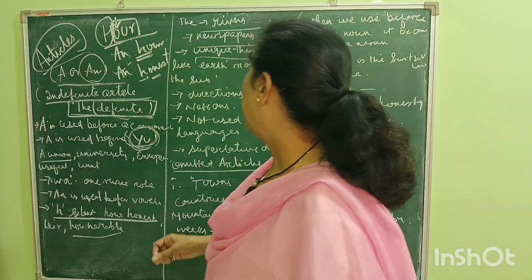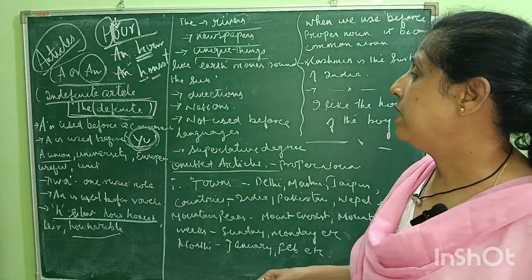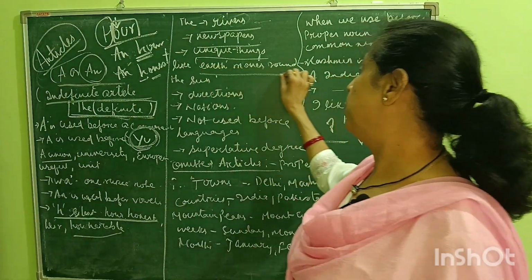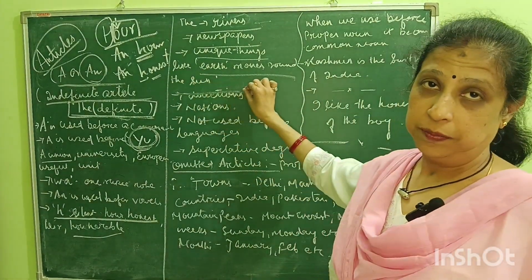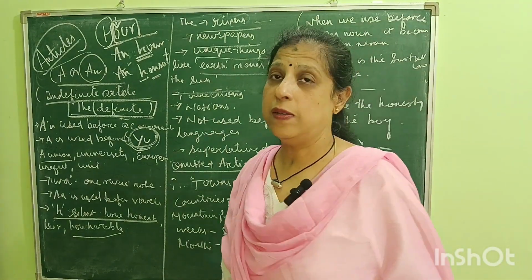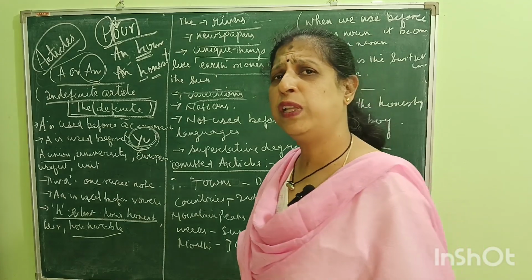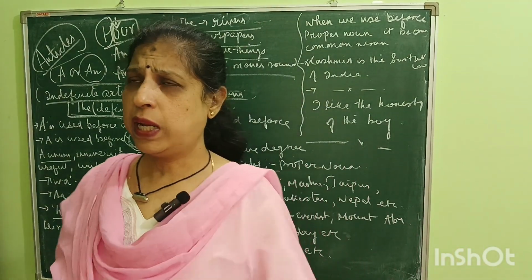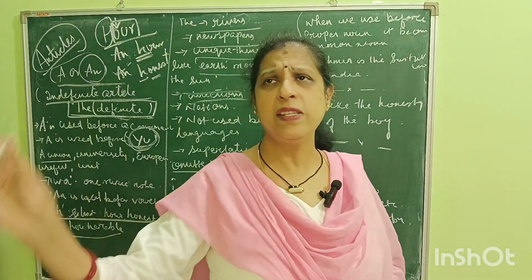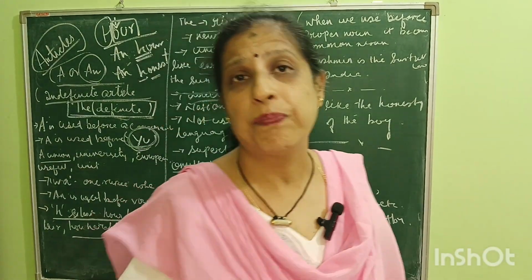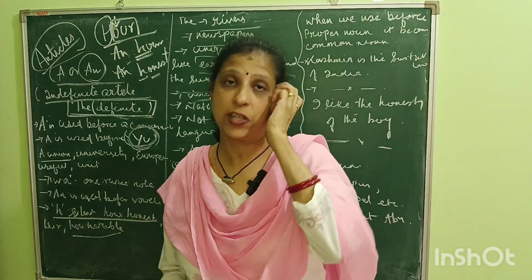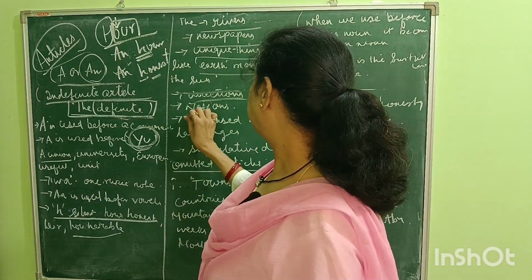Or in this case, I can also say, earth moves round the sun. Now I told you about directions. Before the names of the directions, you can go straight, move towards the east or the west, the north, the south directions.